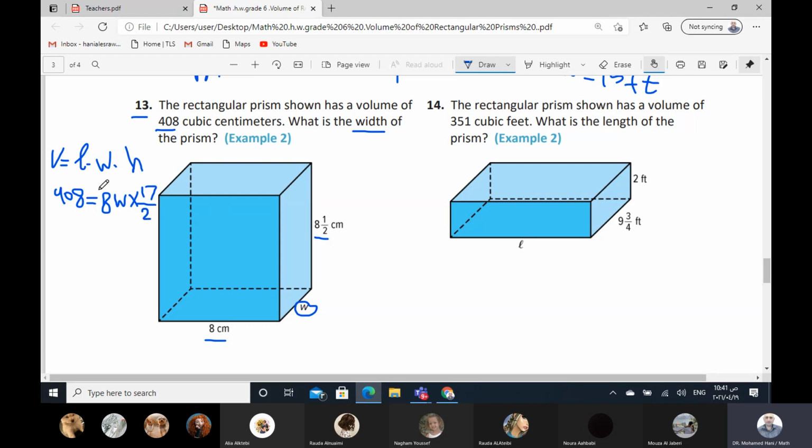So the first step, find the product here. 8 times 17 over 2 will be 68W.